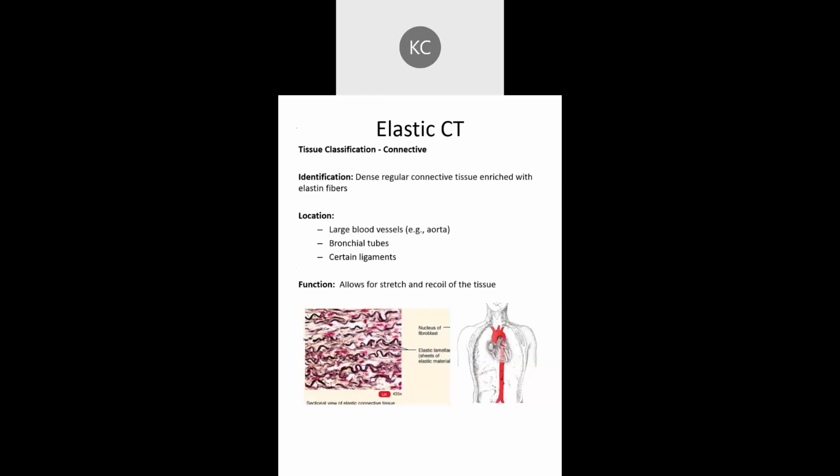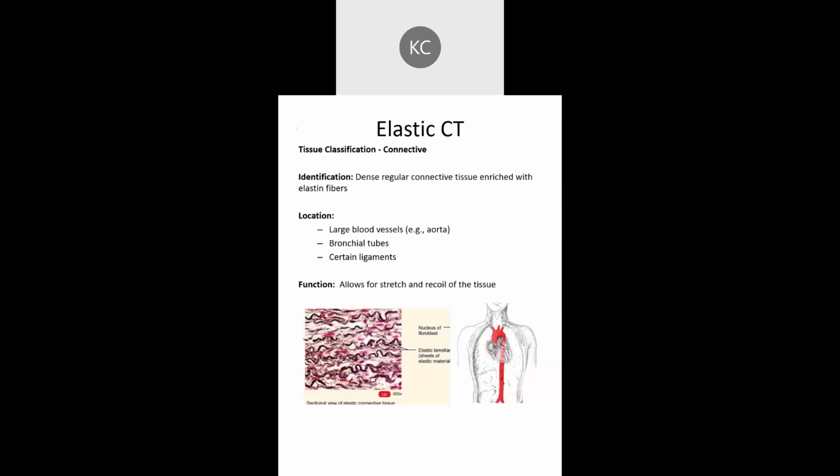The reason it's able to be stretched and distended is because of the large quantity of elastin fibers that you find in this area of the aorta. Smaller blood vessels further away from the heart, you're likely to find fewer elastin fibers because they're not as strained, they're not under as much pressure.